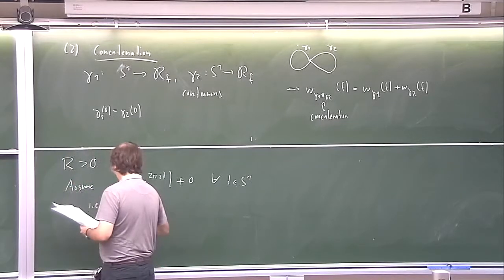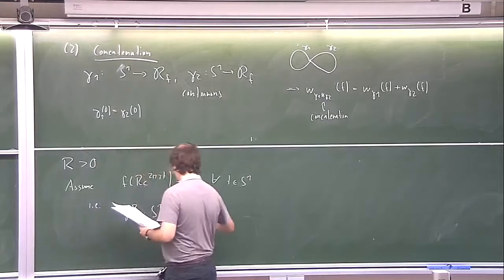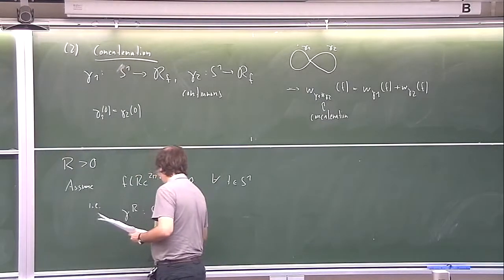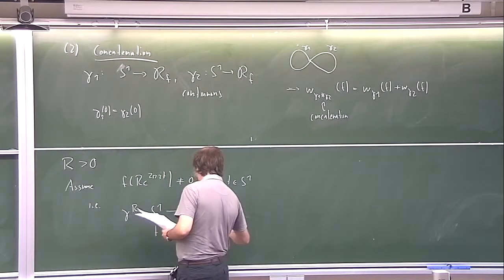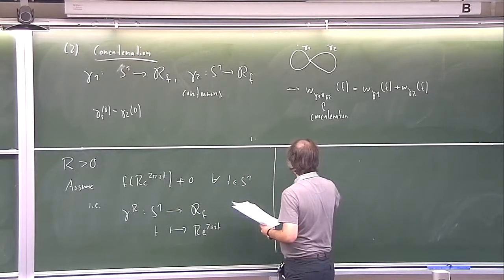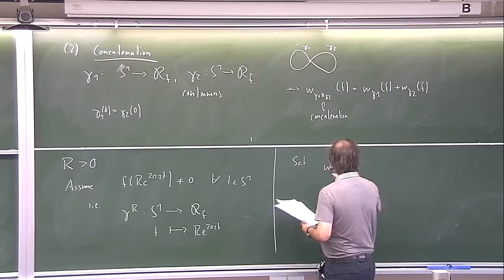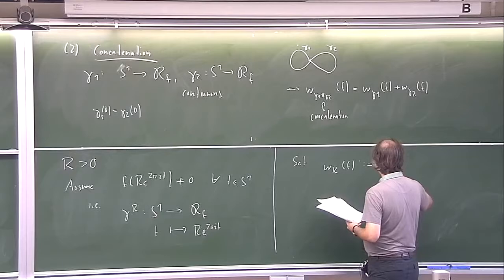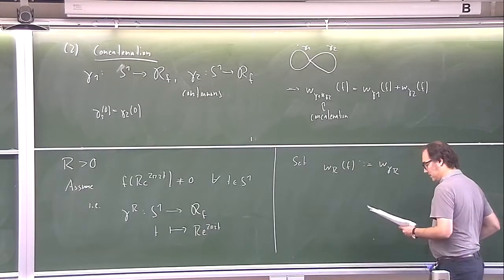The gamma R from S1 is actually a map to the regular set of f, t goes to r e to the 2 pi i t. And as I said, the winding number R of f is the winding number along this big circle.